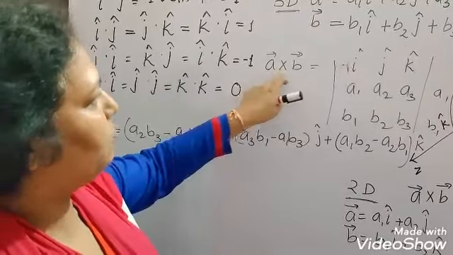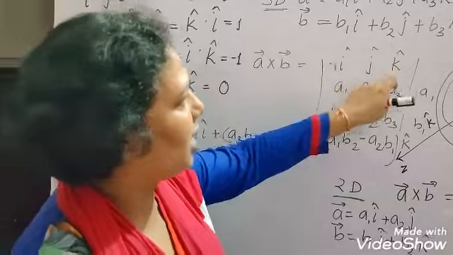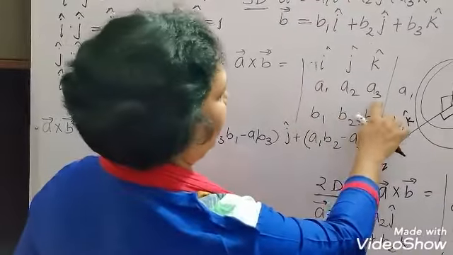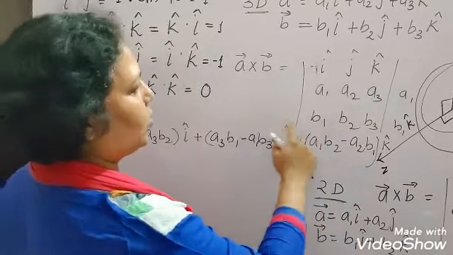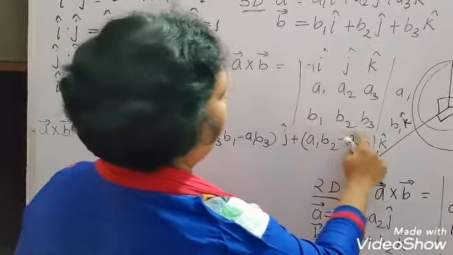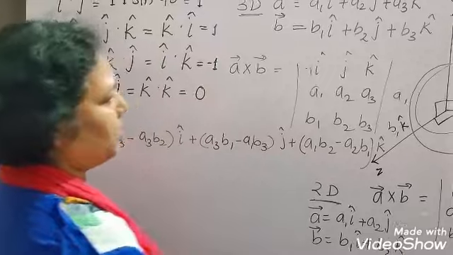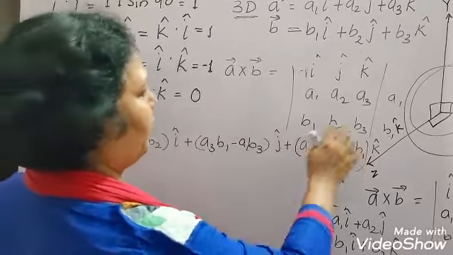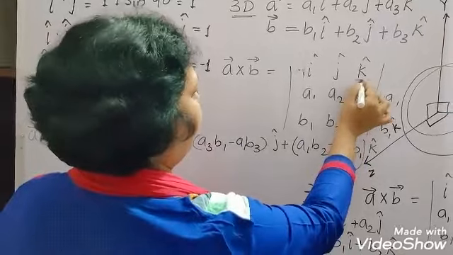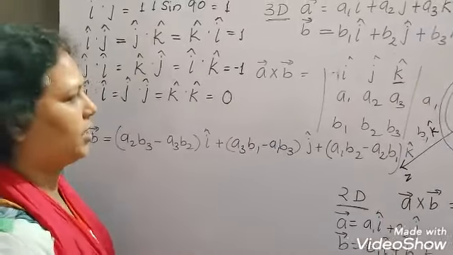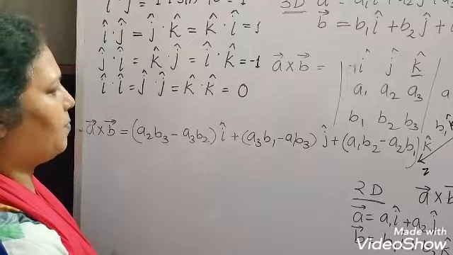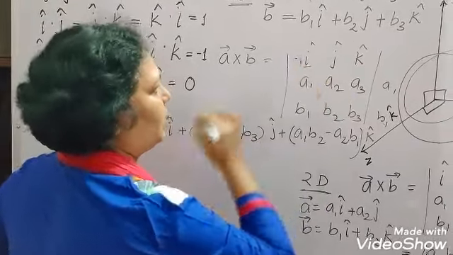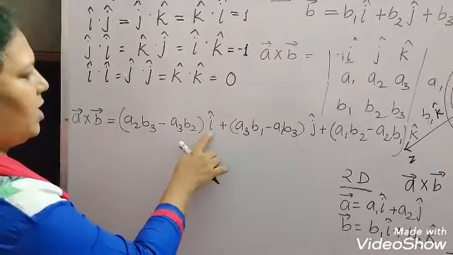For A cross B we will write i, j, k, then the coefficients of i, j, k for vector A, and the coefficients of i, j, k for vector B.